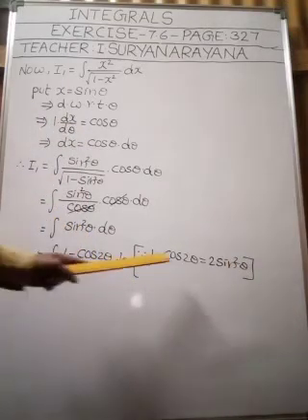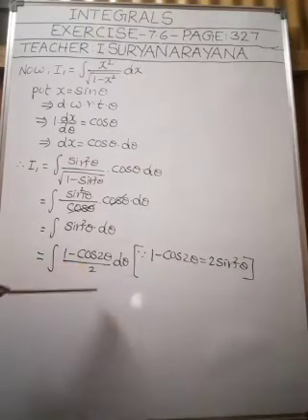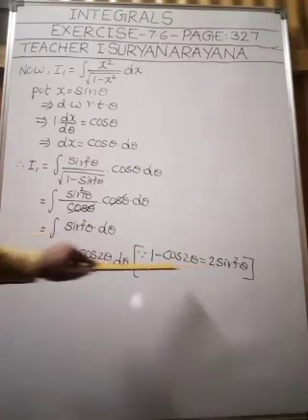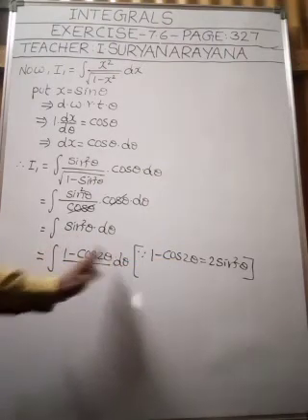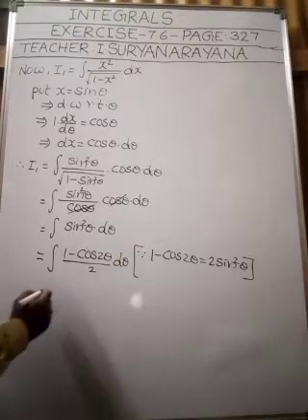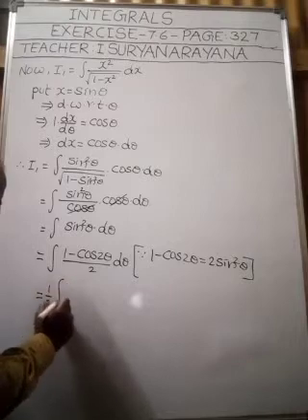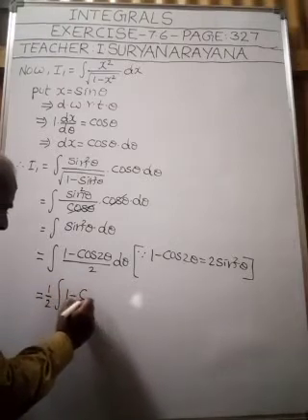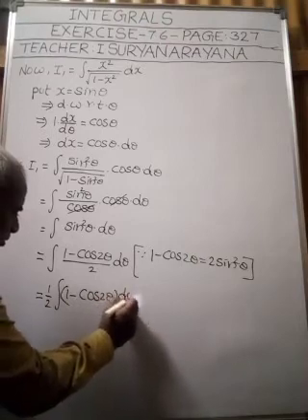This formula is derived from multiple angles. Okay, my children? Right. So, sine square theta can be written as 1 minus cos 2 theta by 2. Now, let us split into two integrals. That is equal to 1 by 2 integral 1 minus cos 2 theta d theta.